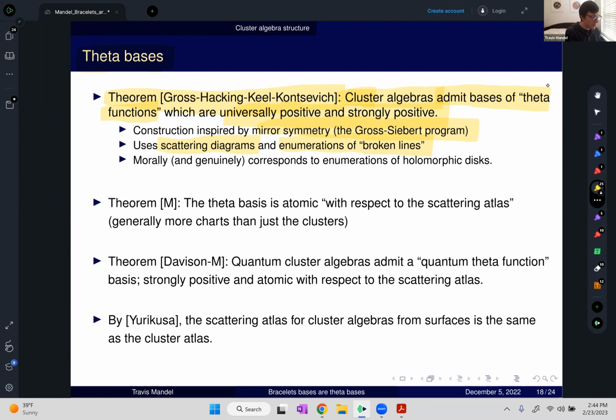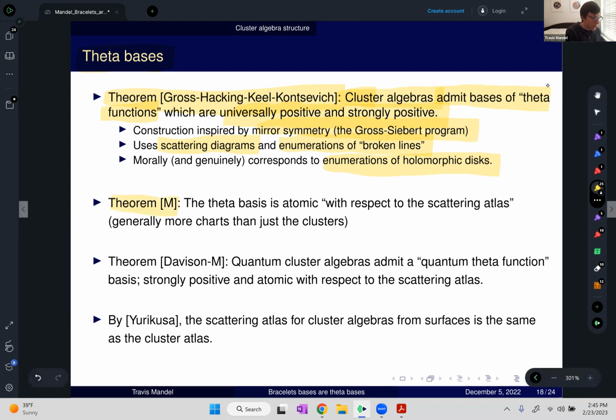Basically, these broken lines and scattering diagrams are supposed to be telling you about certain counts of holomorphic disks, like some sort of Gromov-Witten or logarithmic Gromov-Witten number type count. They managed to make it all combinatorial instead of more difficult Gromov-Witten stuff, so that you can actually work with it a bit more hands-on.